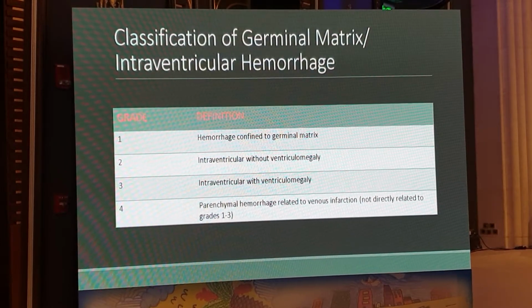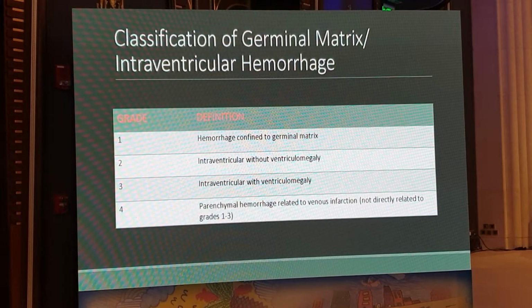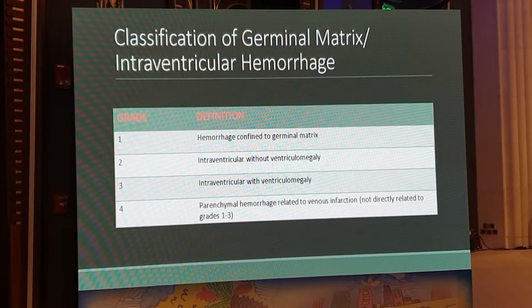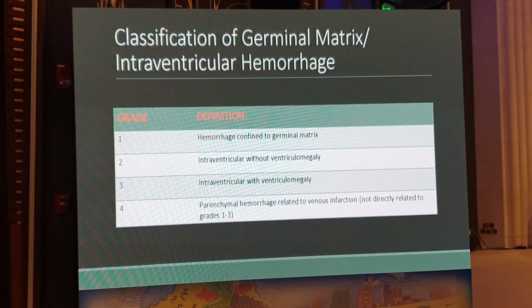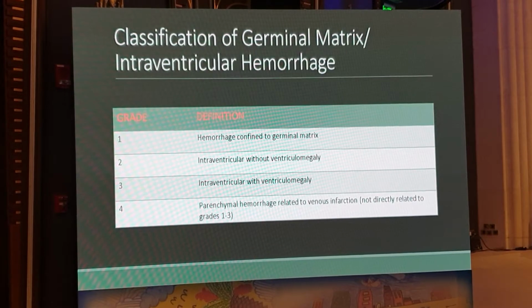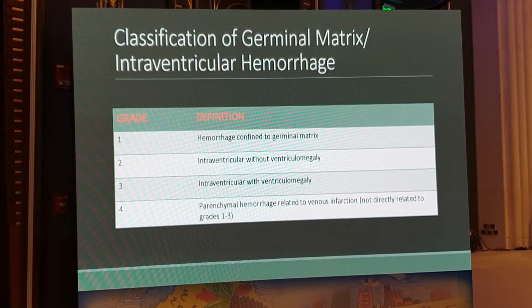The classification of intraventricular hemorrhage or germinal matrix hemorrhage, as you know, is 4 grades. We start from the simple germinal matrix hemorrhage, then intraventricular hemorrhage but no ventriculomegaly. Grade 3 has ventriculomegaly. Grade 4 is parenchymal hematoma or hemorrhage that's not necessarily related to the intraventricular hemorrhage.